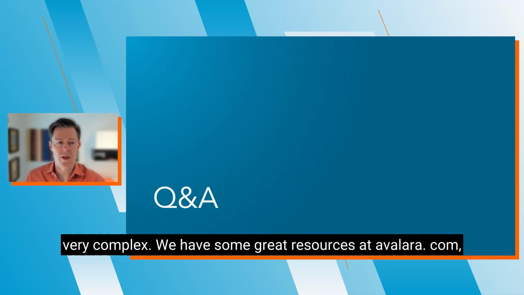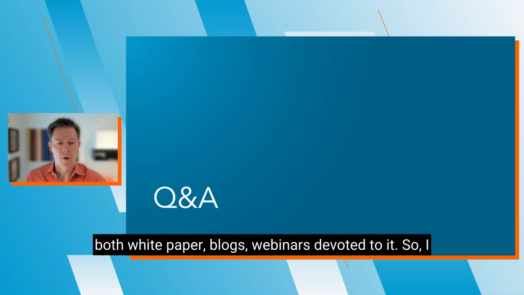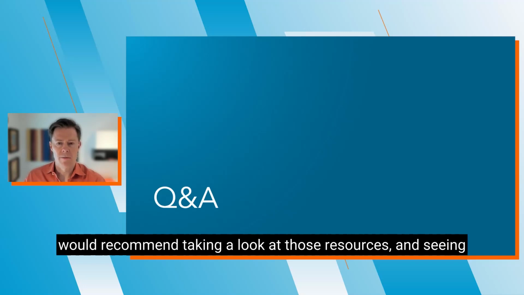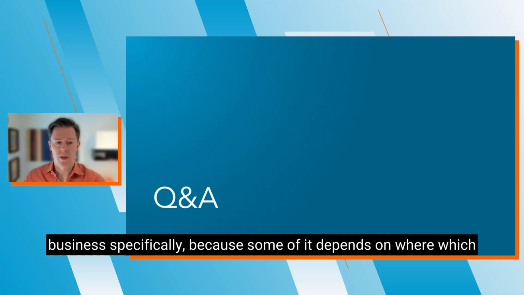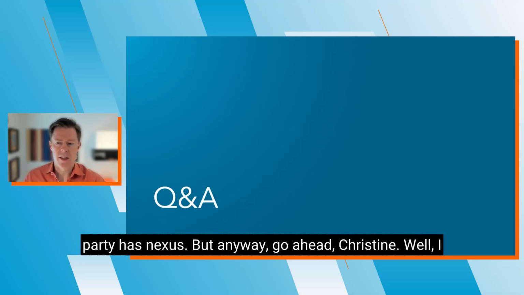We have some great resources at avalara.com, both white papers, blogs, webinars devoted to it. So I would recommend taking a look at those resources and seeing how the situation applies to your business specifically, because some of it depends on which party has nexus. But anyway, go ahead, Christine.